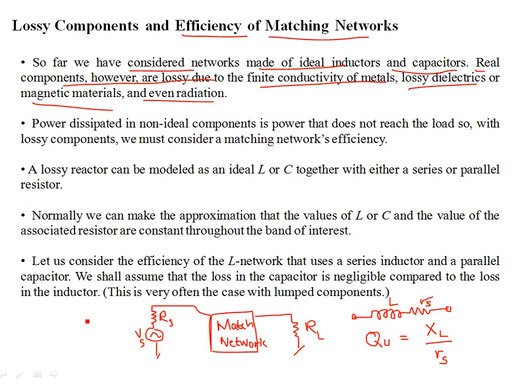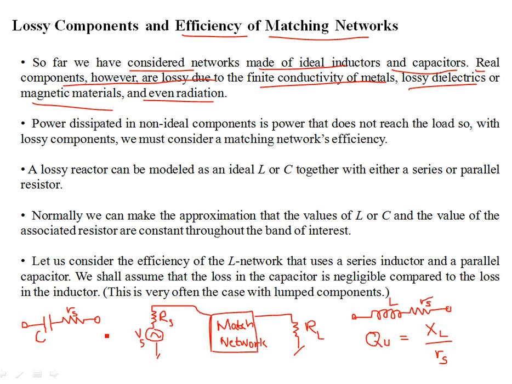I mean, the same scenario happens. For example, you can have the loss in a capacitor, let's say. Okay, and for that case, if you're going to model this again with a certain resistance Rs, let's say we have a lossy capacitor. Loss in a capacitor is not large. I mean, it's due to the dielectric filling.